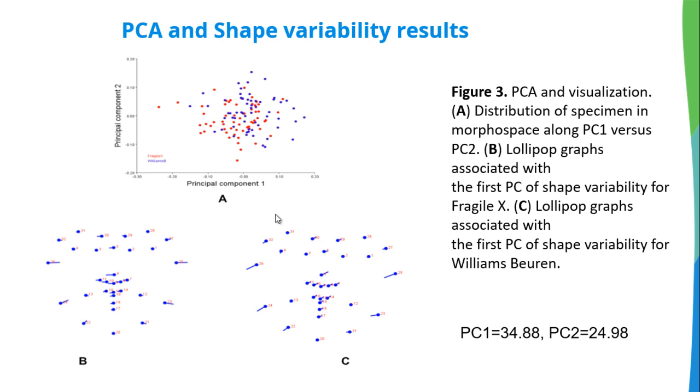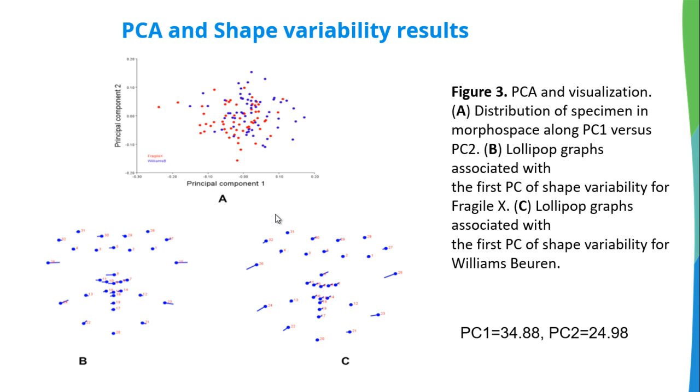Now, in Fragile X, the nose and the upper lip protruded leftward. The upper region of the left cheek projected outward, while from the chin to the upper right cheek projected inward, and the upper lip protruded leftward and downward.